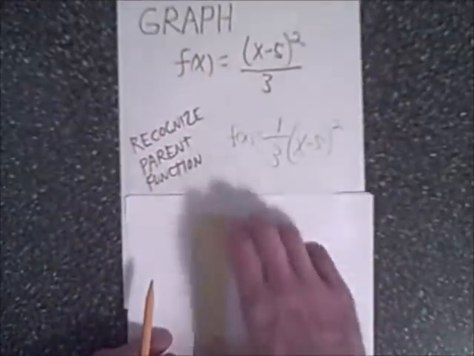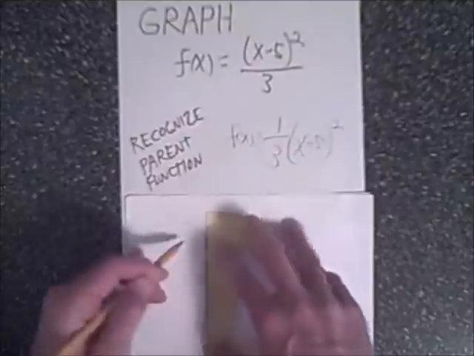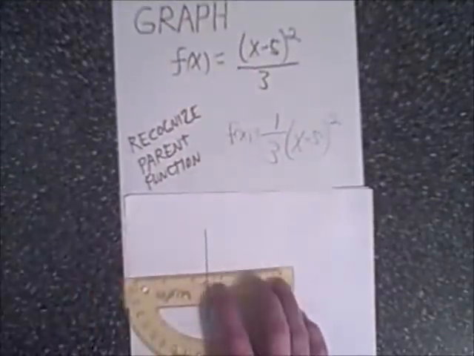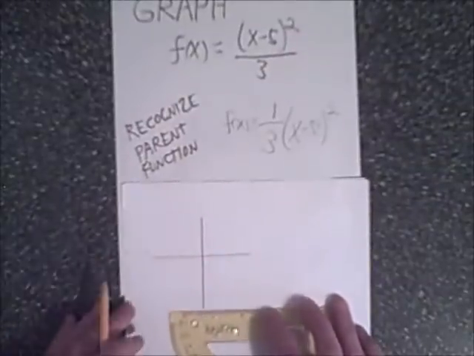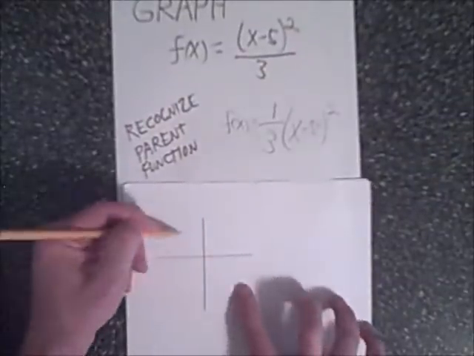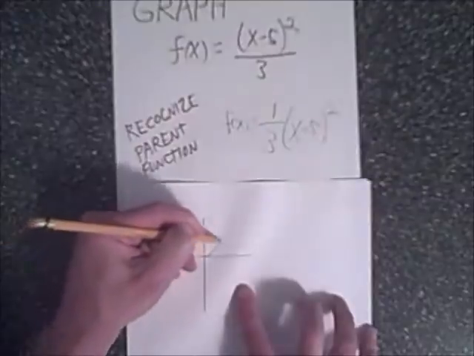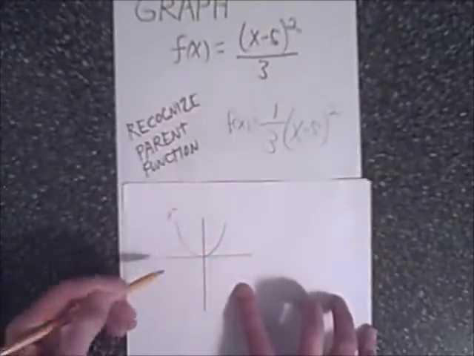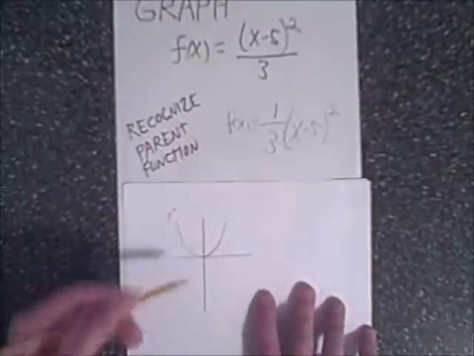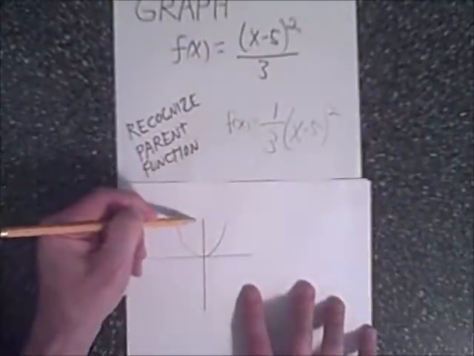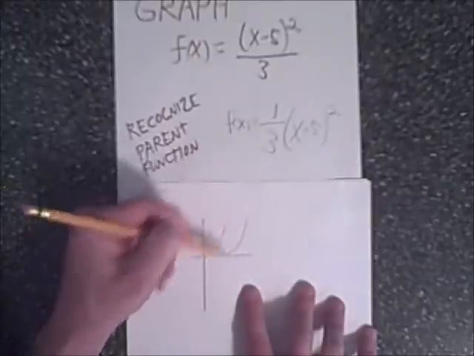Okay, and actually I'm going to quickly, on the left side here, okay, again, if this were the parent function x squared, it would look a little bit like this. This is x squared. And again, if we had a shift to the right 5 units, we would have something that looked something like this.